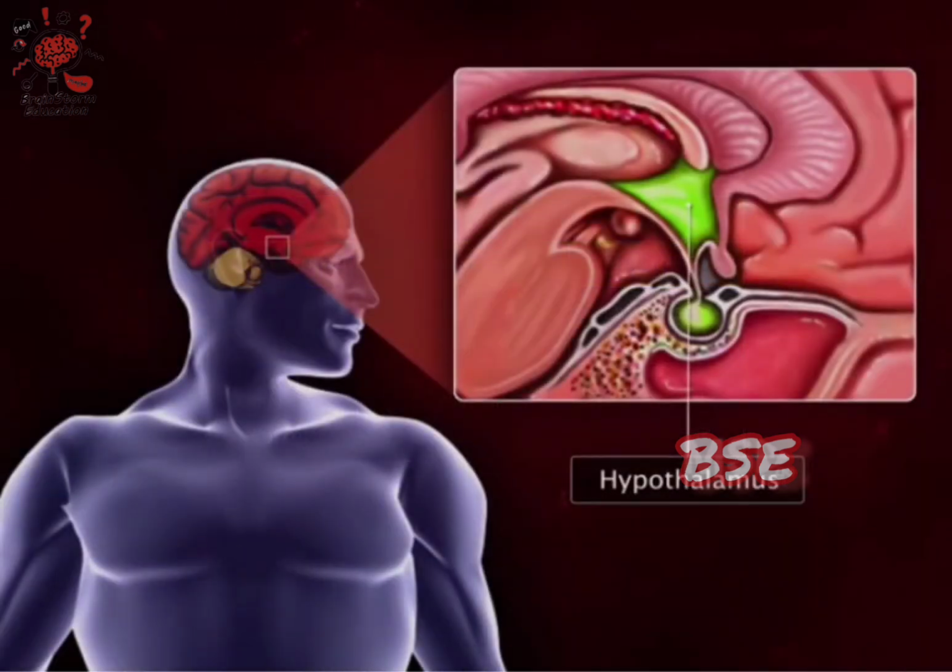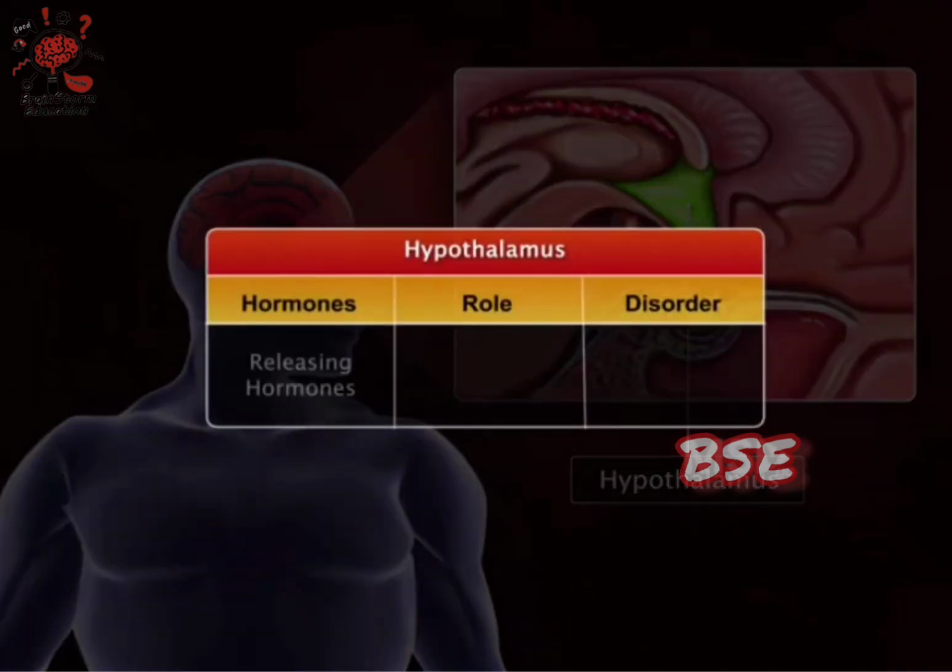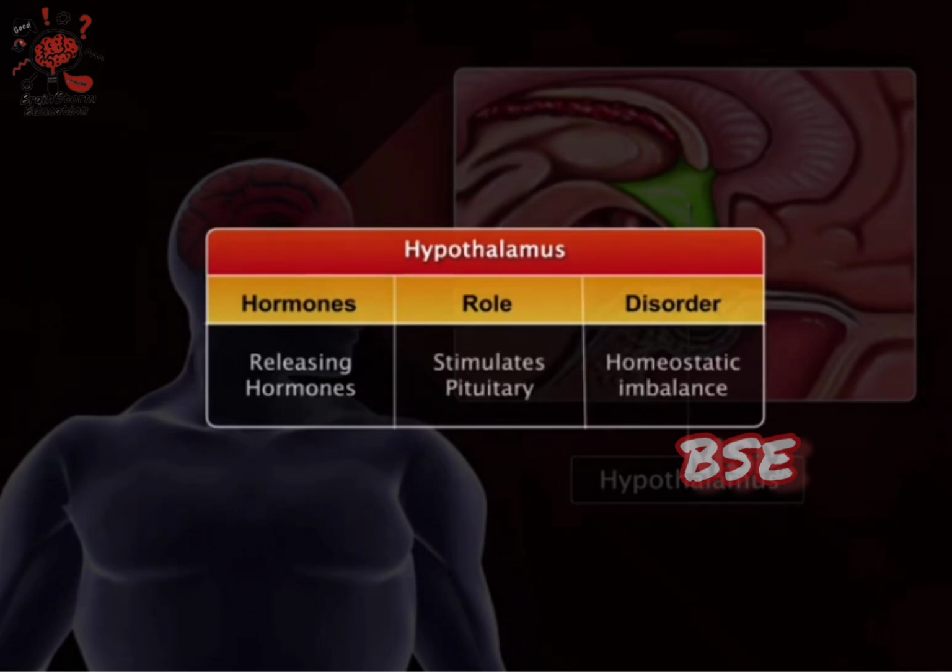The hypothalamus is the major link between the nervous and endocrine systems. Hormones released by hypothalamus give signal to the pituitary and maintain homeostasis.